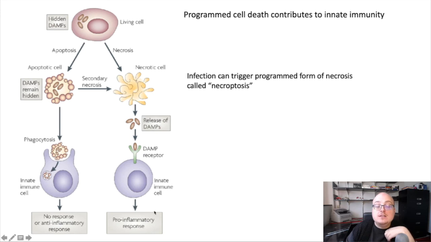And so necroptosis and necrosis are ways that a cell can activate the immune system downstream of cell death, as opposed to apoptosis, which is going to be immunologically silent, as I said. And so what I really want to stress here is that the way a cell dies determines the type of immune response, or the type of immune activation, that we have. And that's going to be important for the way that we control whatever it was that killed the cell in the first place, if it was an infection or what have you.